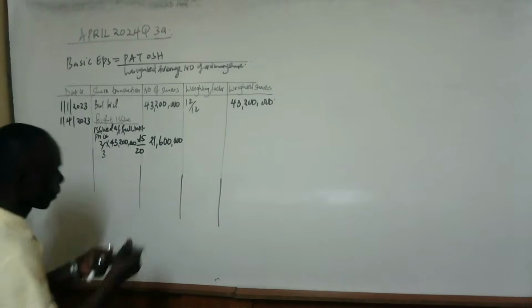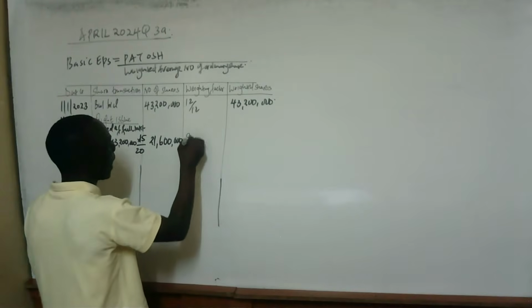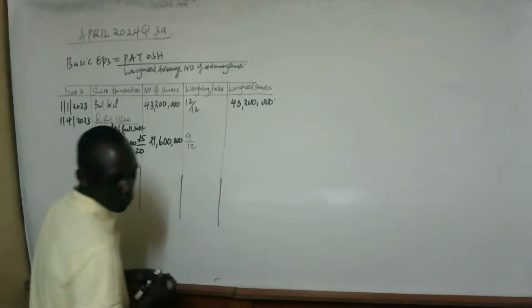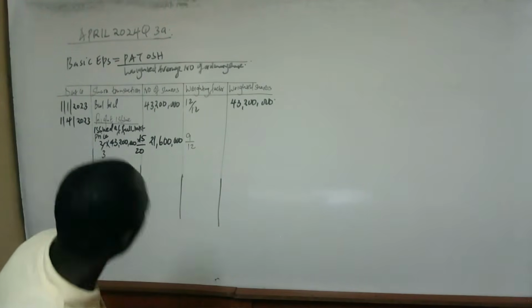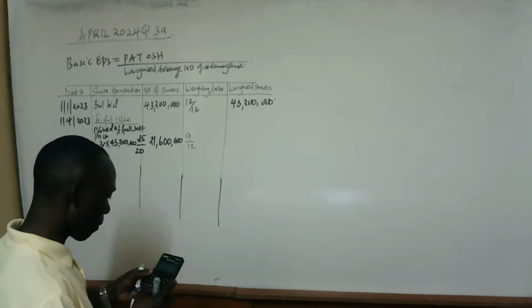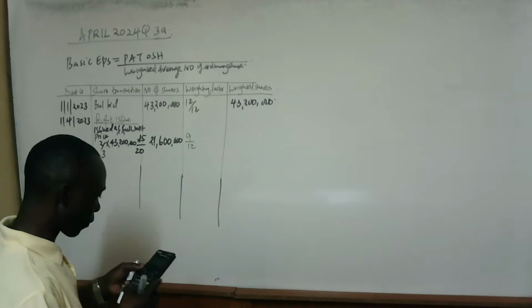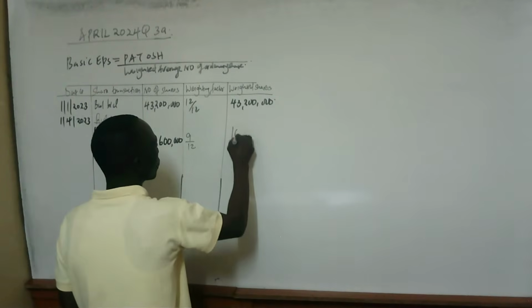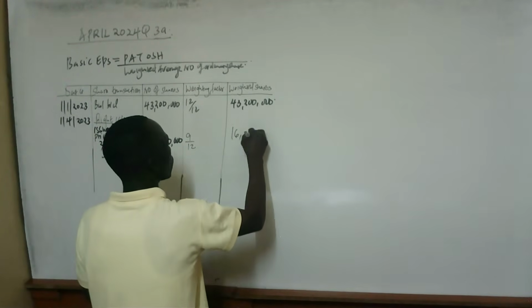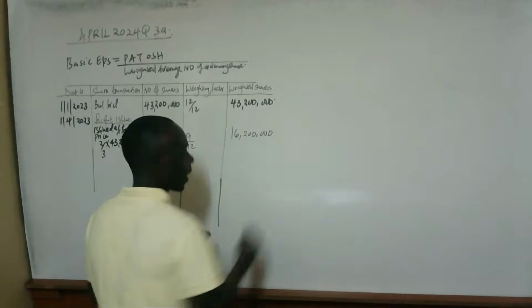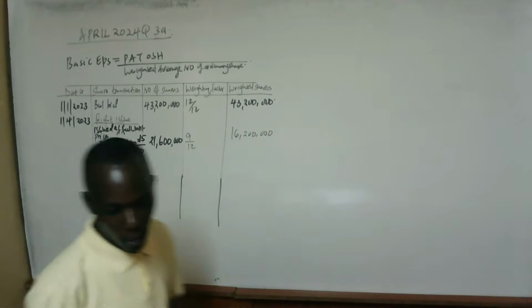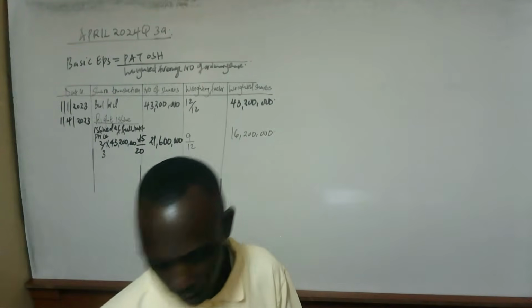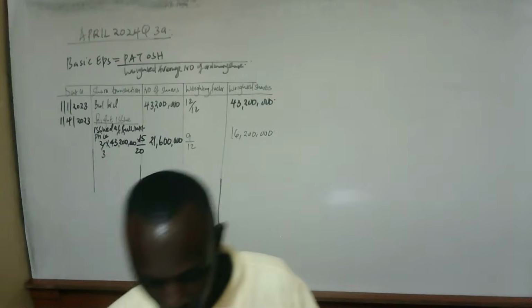So therefore, we have how many months? 9 out of 12. So how much are we going to get? We multiply by 9 out of 12. Therefore, in this case, we are going to get an amount of 16,200,000. So that note is well adjusted.